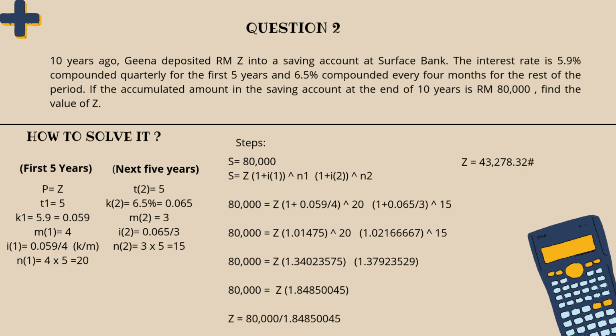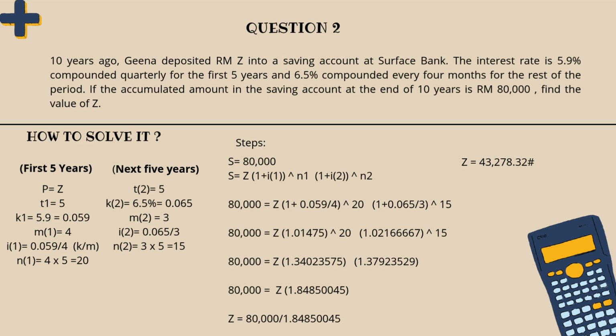We plug all these values into the chain compounding formula to get 80,000 ringgit equals Z times, in bracket, 1 plus 0.059 per 4 to the power of 20 times, in bracket, 1 plus 0.065 per 3 to the power of 15.